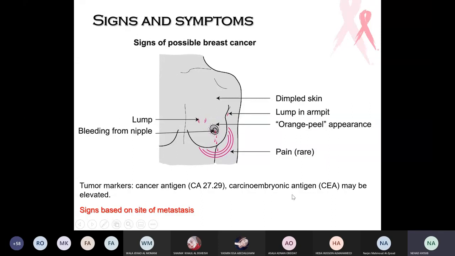These could be elevated. Now if these two are not elevated, this does not rule out malignancy, okay? When we talk about diagnosis of breast cancer, the patient comes with a clinical presentation or symptom suggestive of breast cancer. The definitive diagnosis comes when we take a biopsy of the mass and then check it in pathology whether this is neoplastic or not, okay?